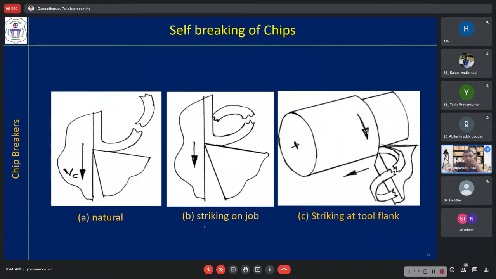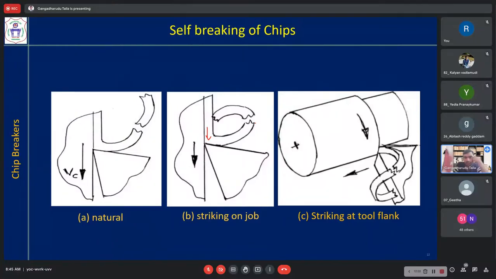Now the second is striking on the job. The first one is just naturally breaking. It is not even striking the job. In the second, the chip is coming here and hitting the tool. Now it is going here.